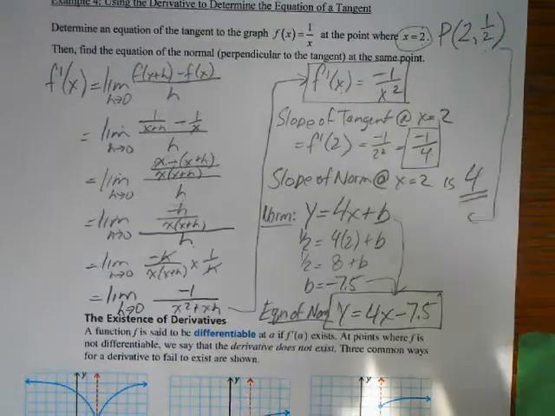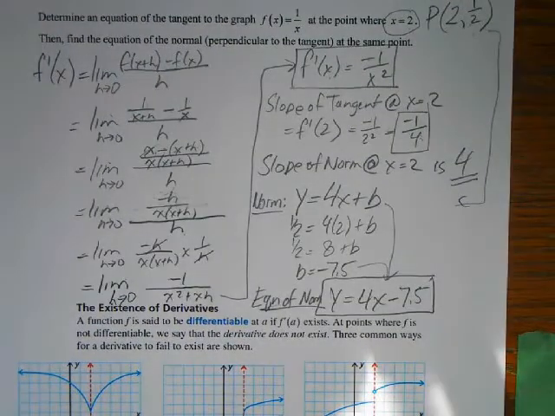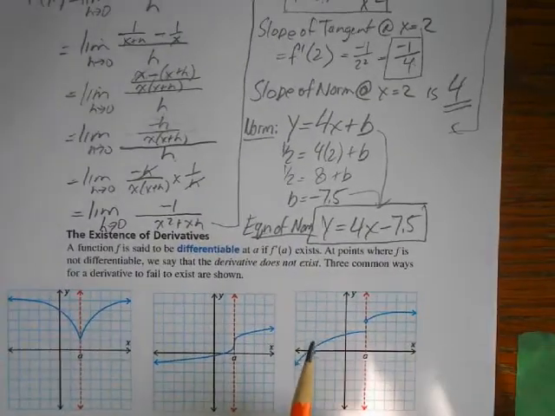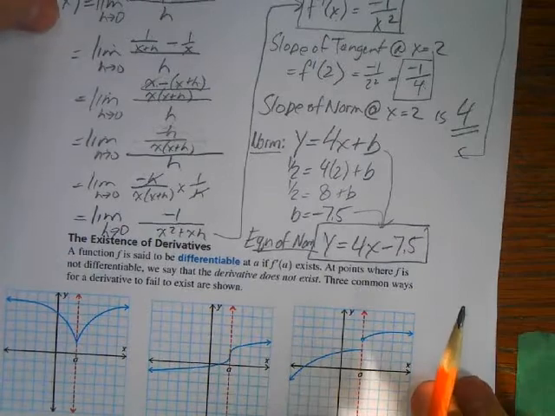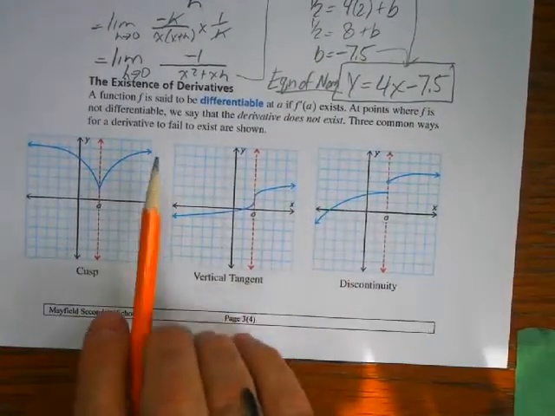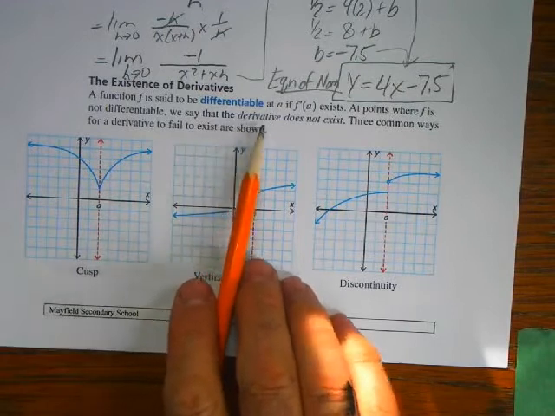Okay, so this last part here, we're going to be looking at existence of derivatives. I said we'd come back to this later, and we are now. A function f is said to be differentiable at a if f prime of a exists. So basically, if you can take the derivative.